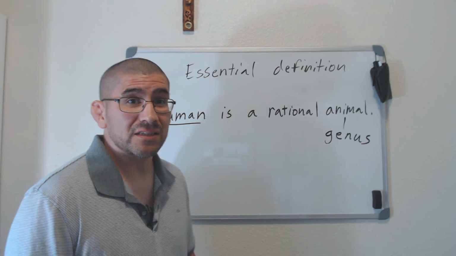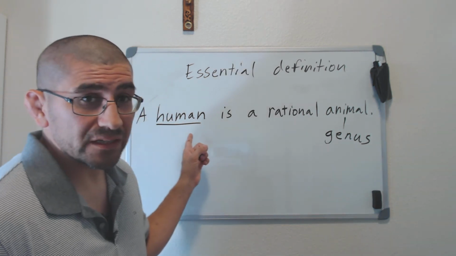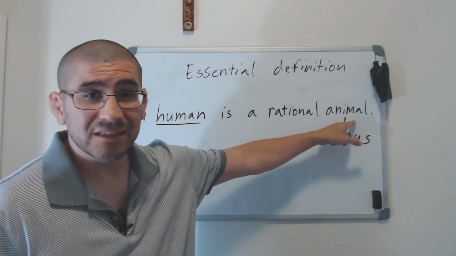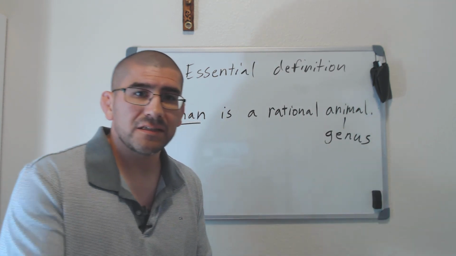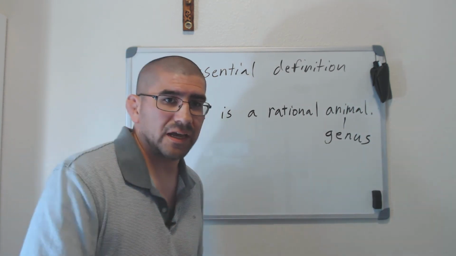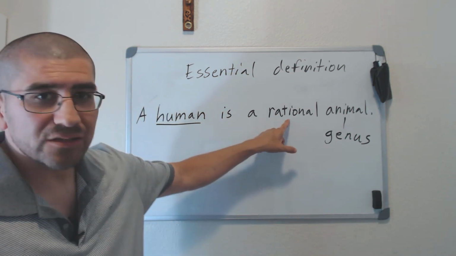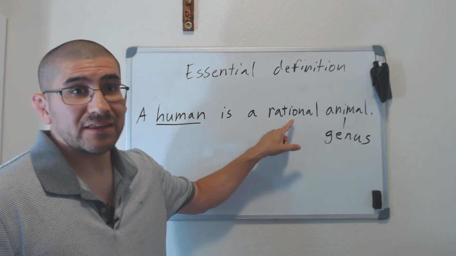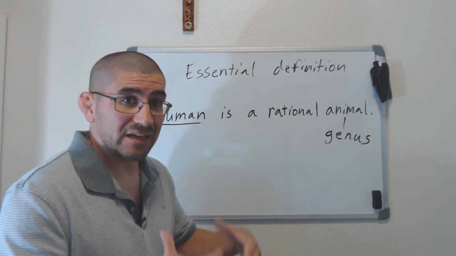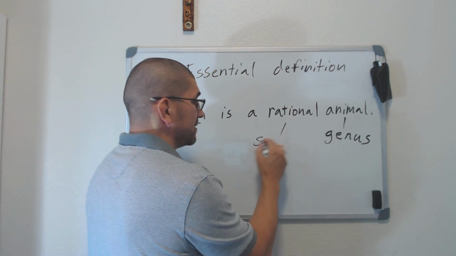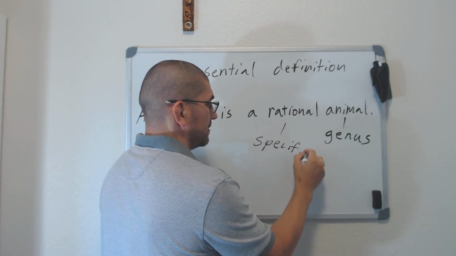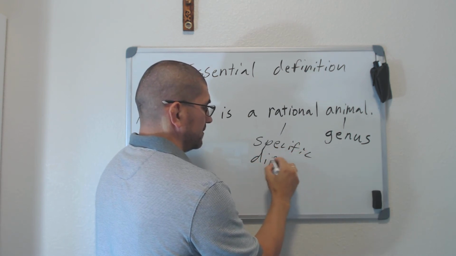It separates humans from the rest of the things in the genus. What are the rest of the things in the genus? Lions, tigers, bears, squirrels, snakes. So this rational, this is the characteristic that is doing the separating. This right here is the specific difference.